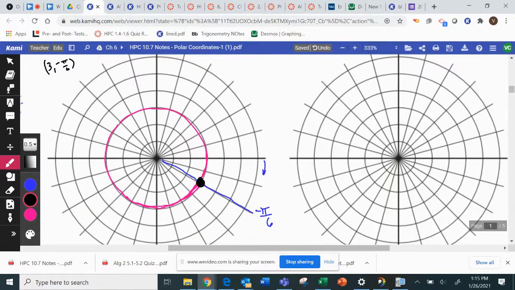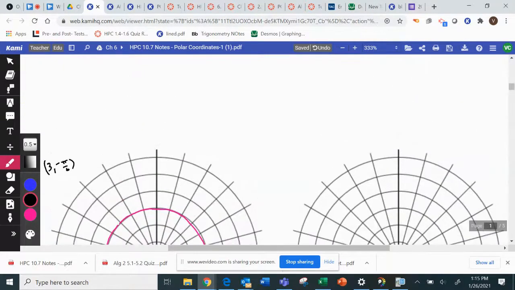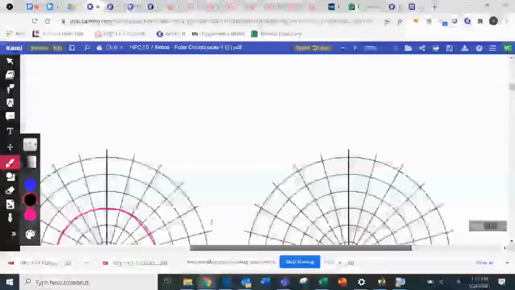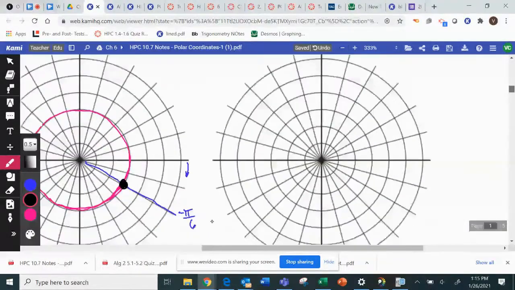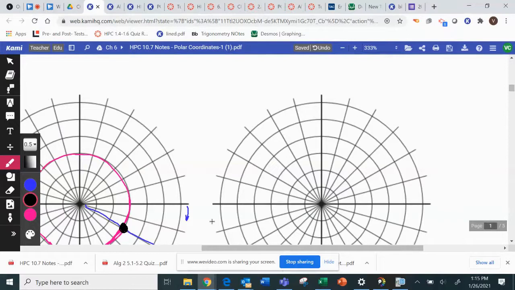And then the third one, (3, 11 pi over 6). Why don't you try that one without me walking you through it? 3, 11 pi over 6.